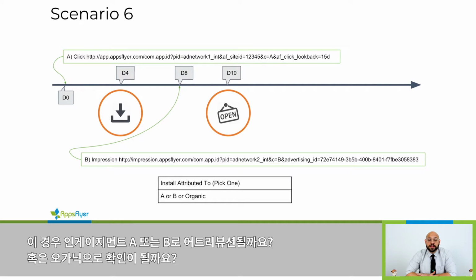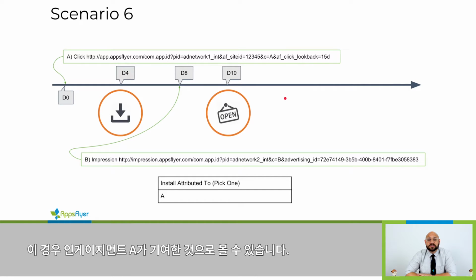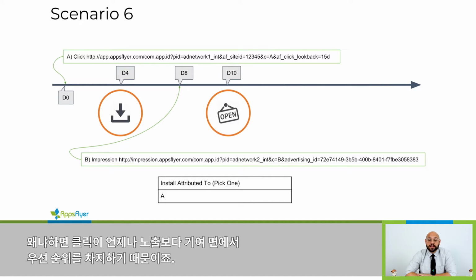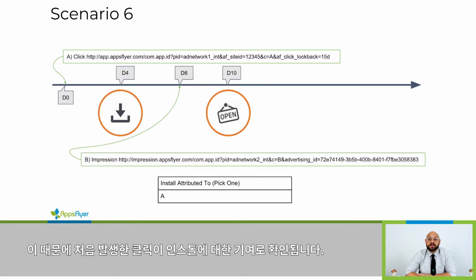Should this be attributed to A, B, or organic? In this case, it is engagement A. And for the same reason, it does not matter if there was an impression more recent than a click. Clicks always supersede impressions, so that's why this click gets credit for the attribution and the install.